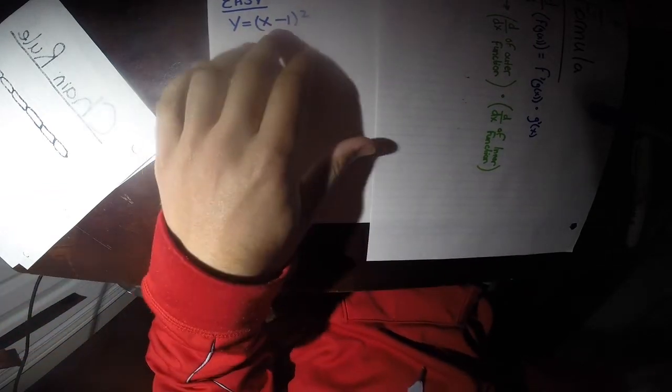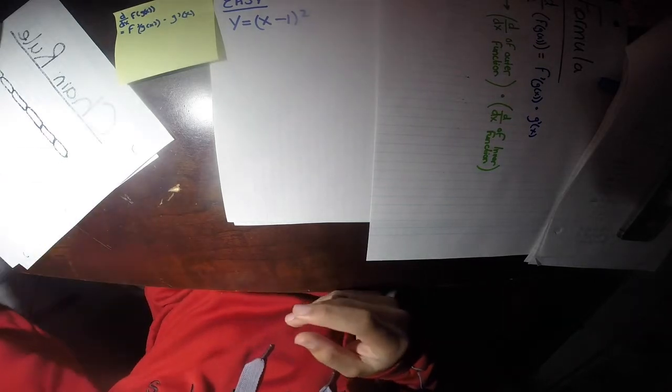Well, you could do that, but the more proper format of it would be using this rule, which is the chain rule. Now if you can't see the formula on the side properly, there it is right there.